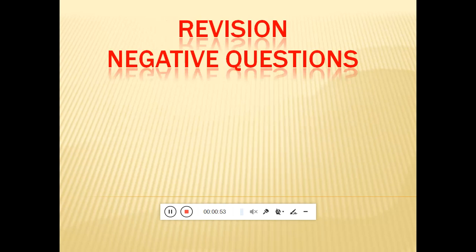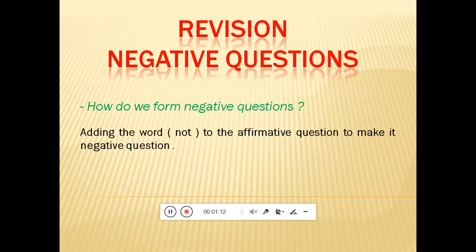And we concentrated on two main points in this lesson. Point 1, how do we form negative questions? Yes, and we said that we form negative questions by adding the word not to the affirmative question to make it a negative question.